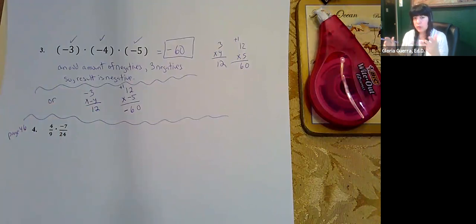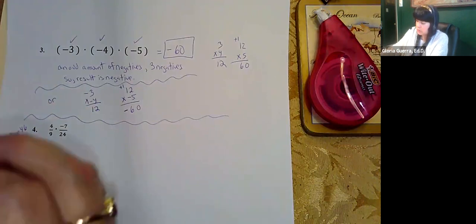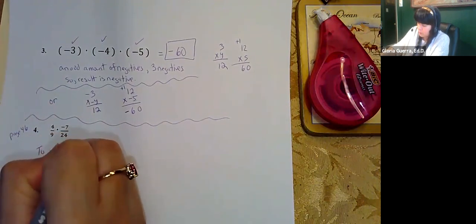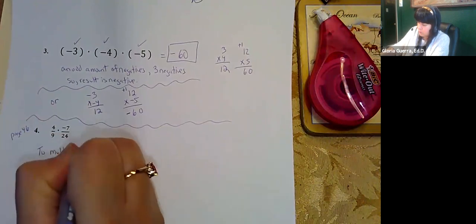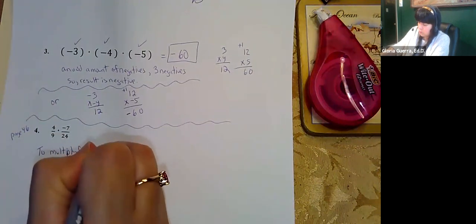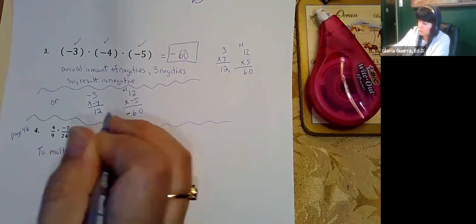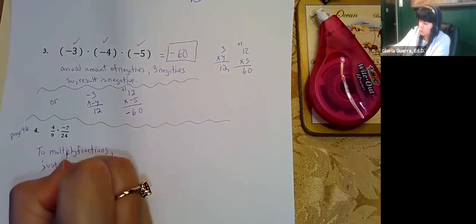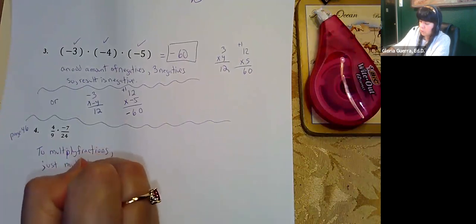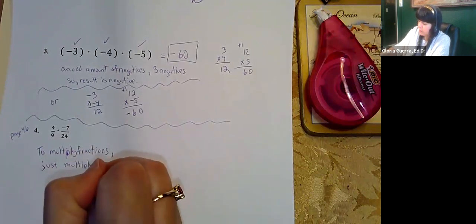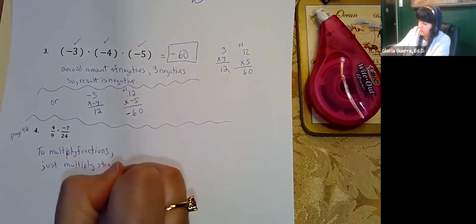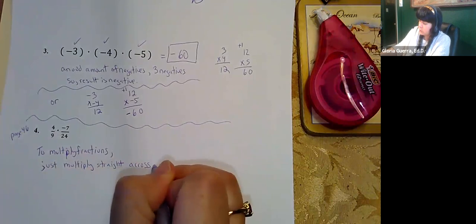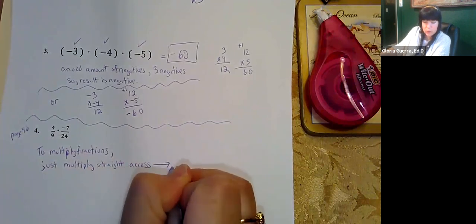The easiest way to teach multiplying fractions is to tell you this, that to multiply fractions, just multiply straight across, which means this way, straight across.